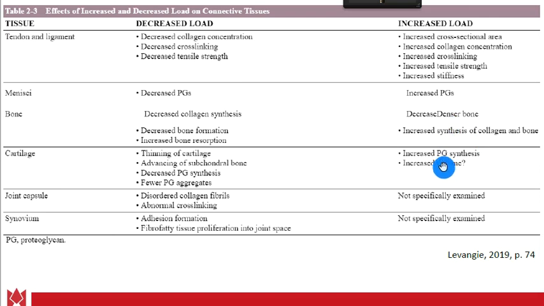With this, there is just a mistake up here. I don't know why it decreases there. This should just be denser bone. So let me just eliminate that. So that's the chart, and that's a good thing to know, and that is on page 74 of your textbook.